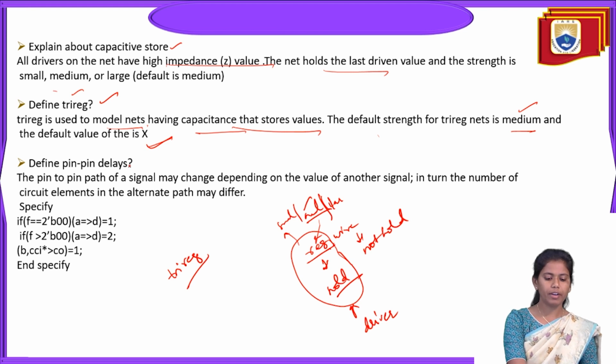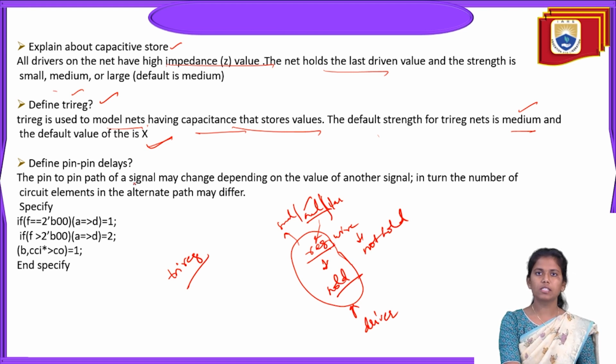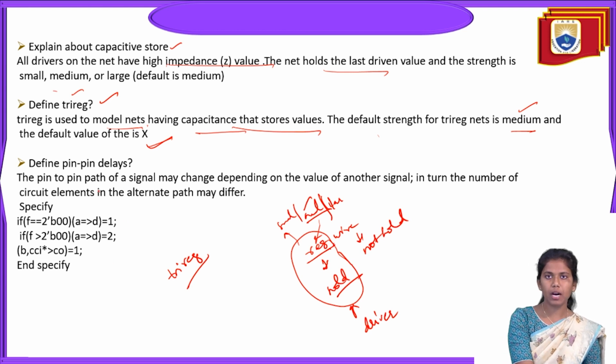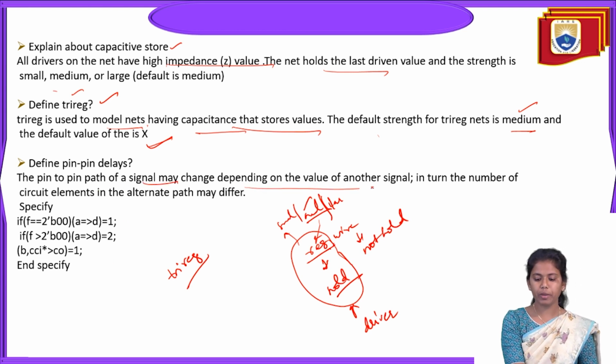Then, what are pin-to-pin delays? Pin-to-pin delay means the pin-to-pin path of a signal may change depending on the value of another signal. For example, if it is 0, obviously at the second point it should get 0, right?